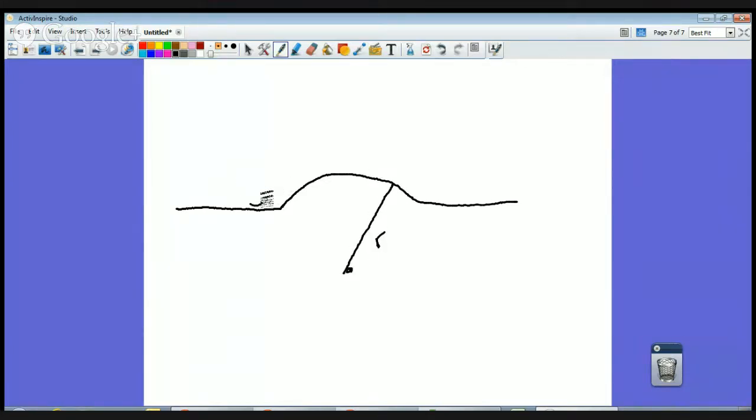We had a car that at the bottom of the circle had some speed. I think it was 17 meters per second, but I'm not going to worry about that. V naught. And the question was, how fast could it go over the hump without losing contact?